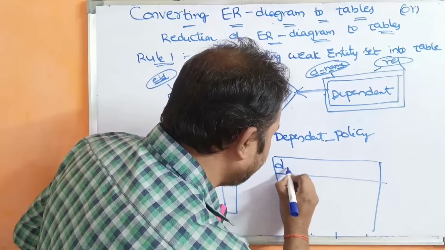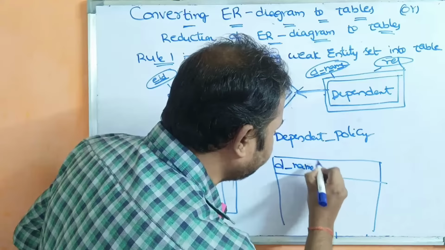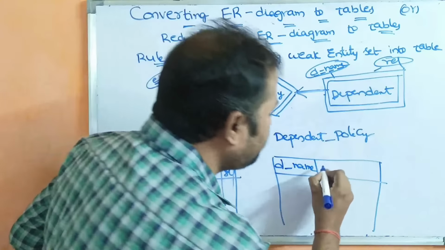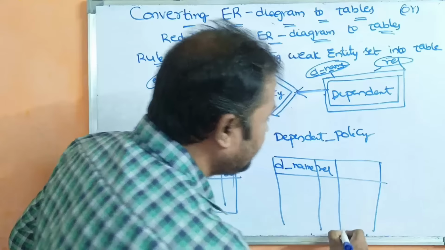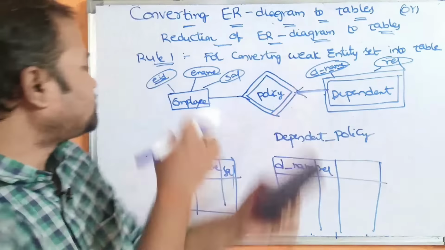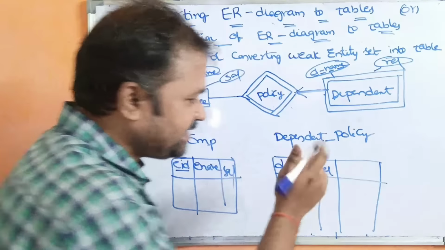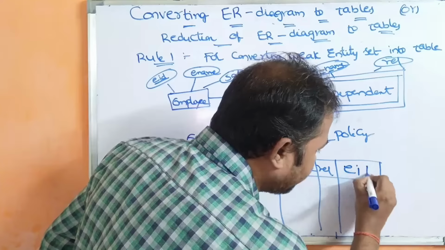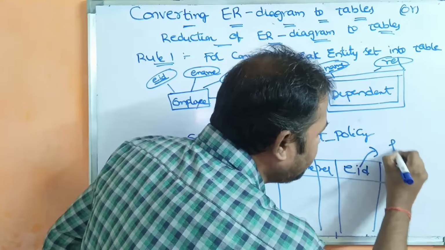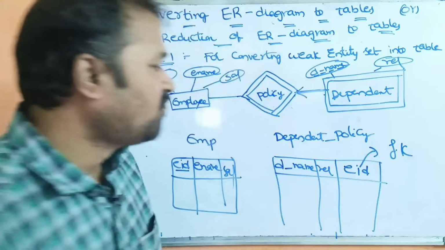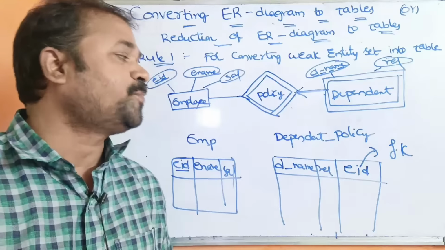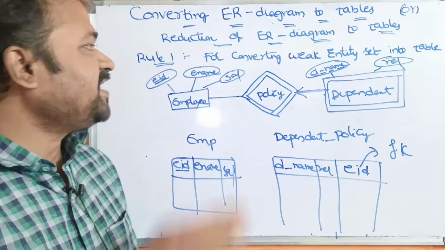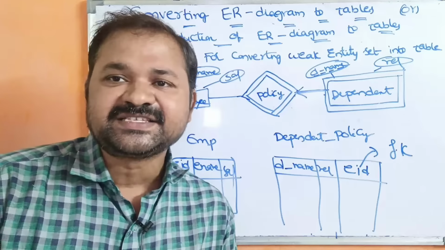So department name, this is the partial key. Next we have one more attribute called relationship, and it includes employee ID. But in this table, employee ID will become the foreign key of the dependent_policy table. So in this way, we can convert a weak entity set into a table.